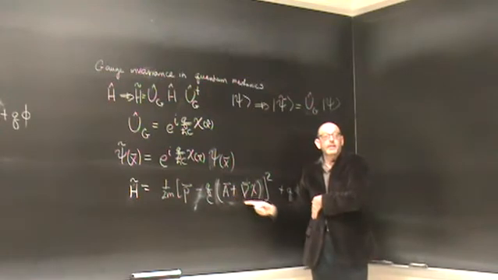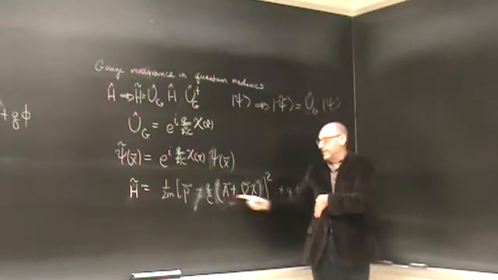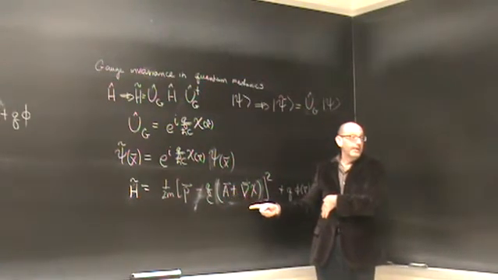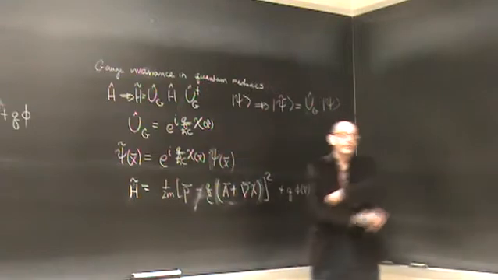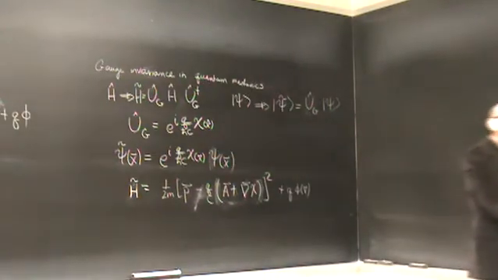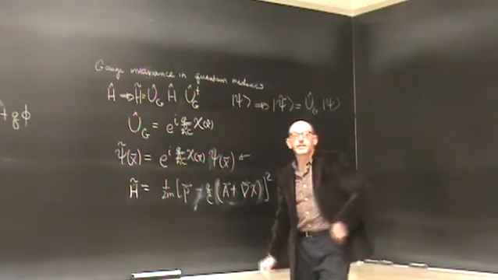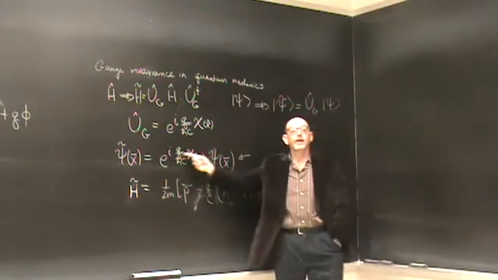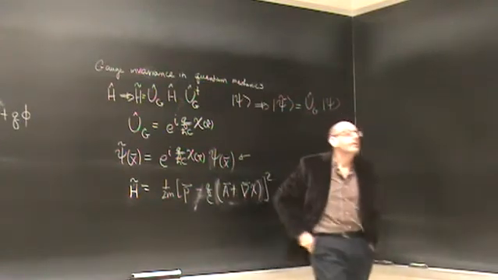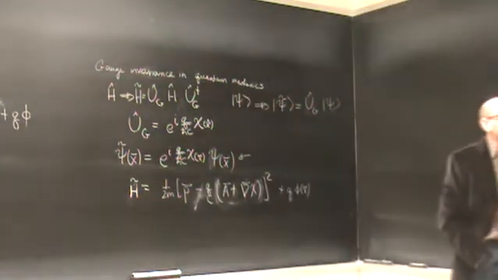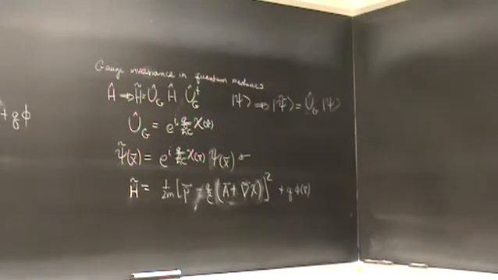So the vector potential gets shifted by the gradient of this scalar field. That's what we wanted. And the wave function in the position representation just gets an overall phase, which again doesn't change the predictions of anything.